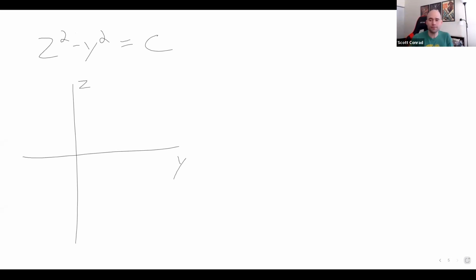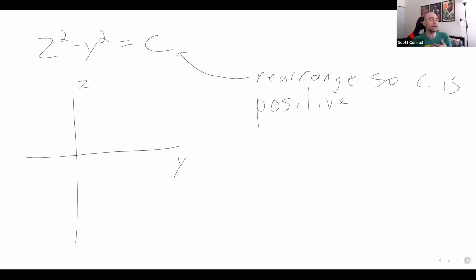So the way I remember how this works is always rearrange your equation so the constant on the right-hand side is positive. If you get a negative number, if you had like z squared minus y squared equals negative 2, then just multiply everything by negative 1. And then that becomes y squared minus z squared equals positive 2.